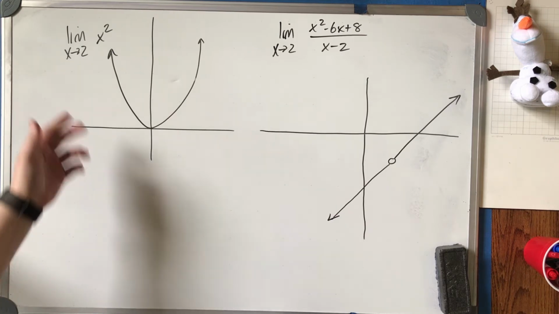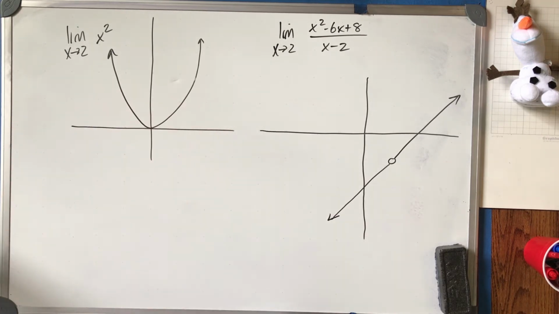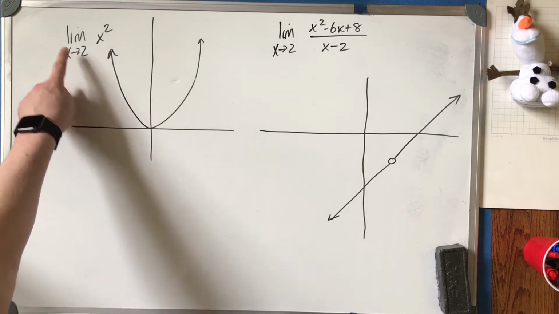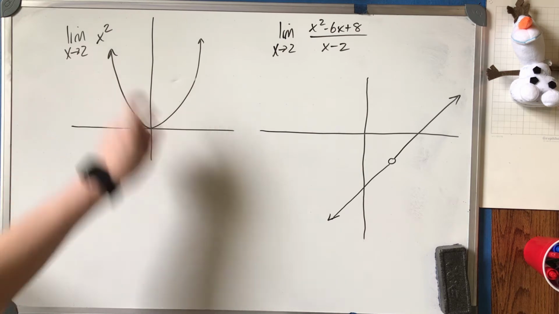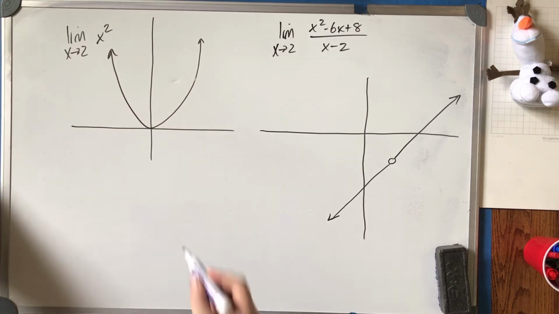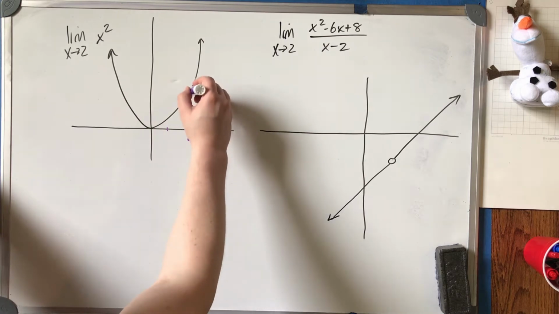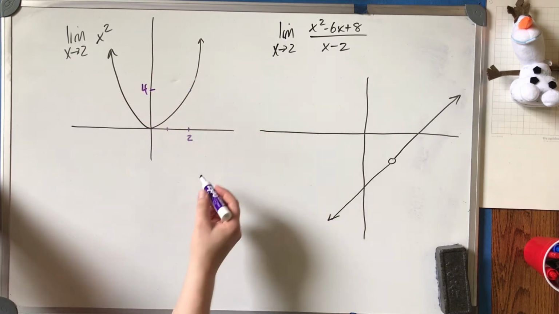So let's just take a look at these two examples real quick. I have the limit as x approaches 2, so that's how we refer to this, of x squared. And what I want to do is just first find where x equals 2 is, so that's right here, and that would be way up here with a y value of 4.